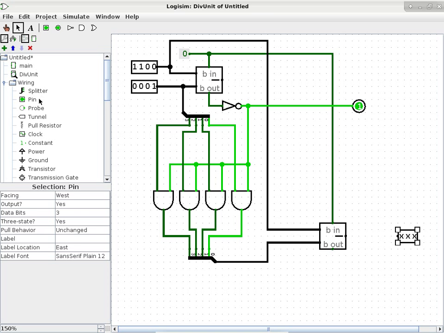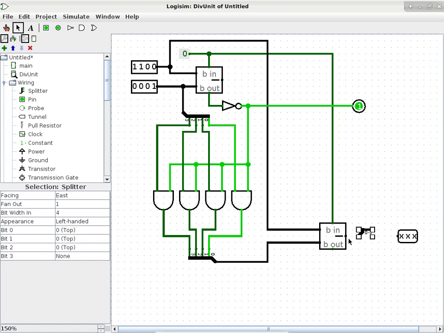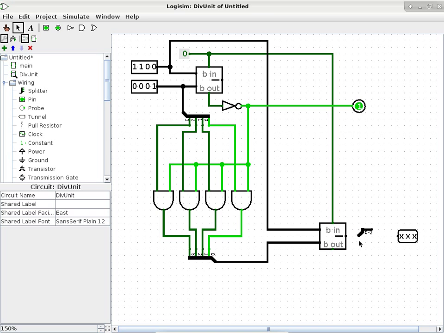And we use a splitter, and this is the other way to use a splitter. You can have a width of 4 with a splitter, and you can have a fan out of only 1. And what you can do is specify the most significant bit is completely dropped. So this way, it's no longer technically a splitter. It is just throwing away 1 bit.